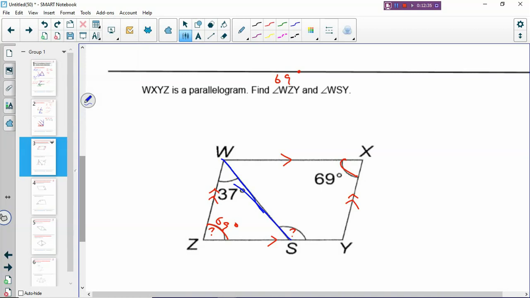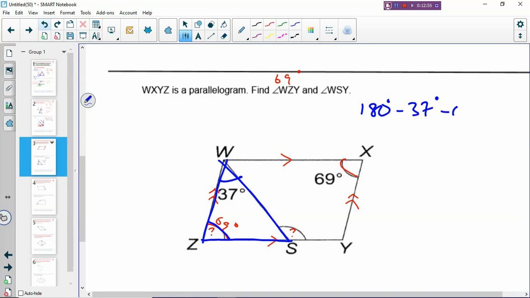So what properties do you apply? This is a triangle that you can see. Sum of angles in the triangle is 180, minus 37 and 69. So what are we doing actually? Now, what's the lesson here?